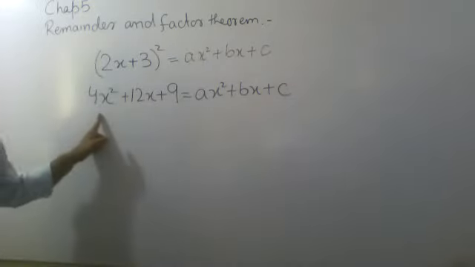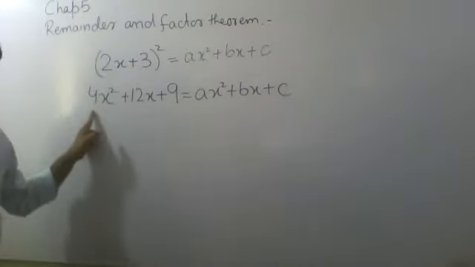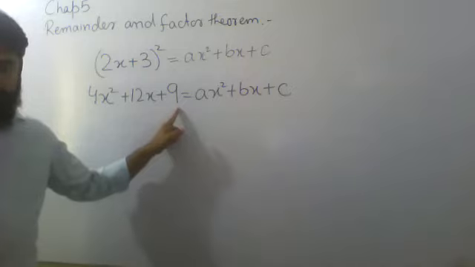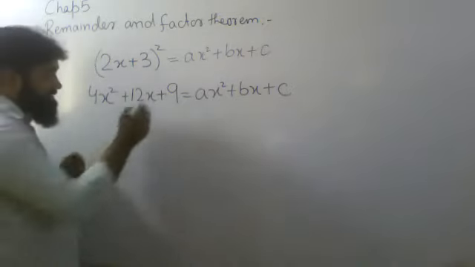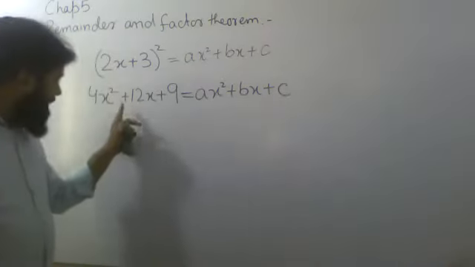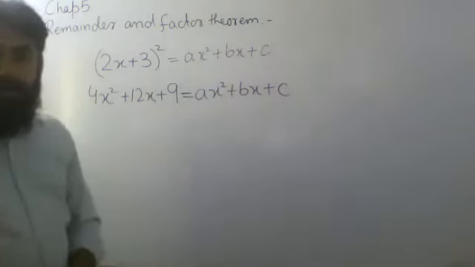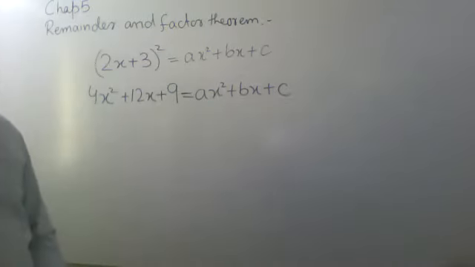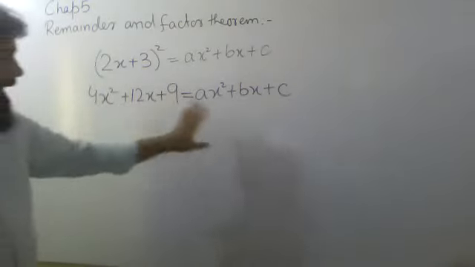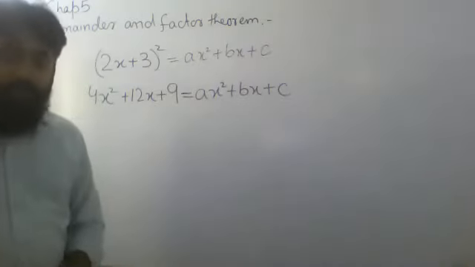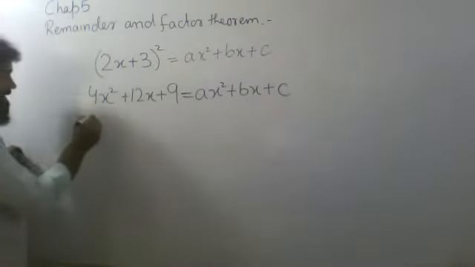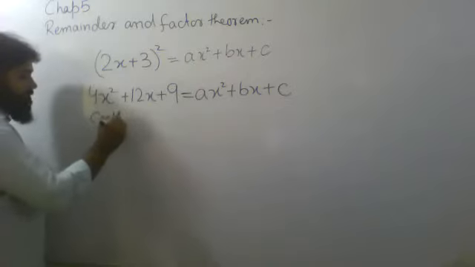Coming to this side, the coefficient of x square is 4, the coefficient of x is 12, and the constant is 9. Now, what is this showing? This is showing that this side and this side are going to be equal. So what I can say is, let's find out the coefficients.